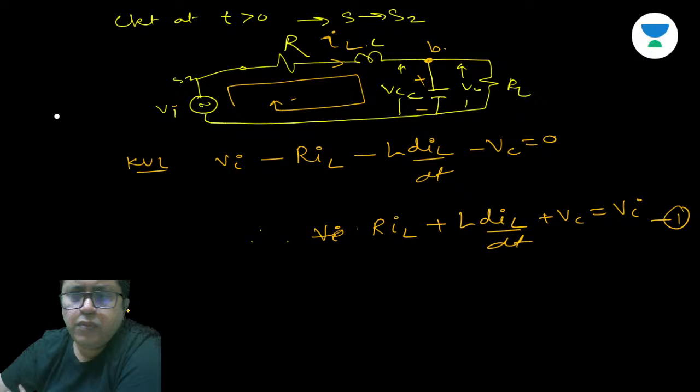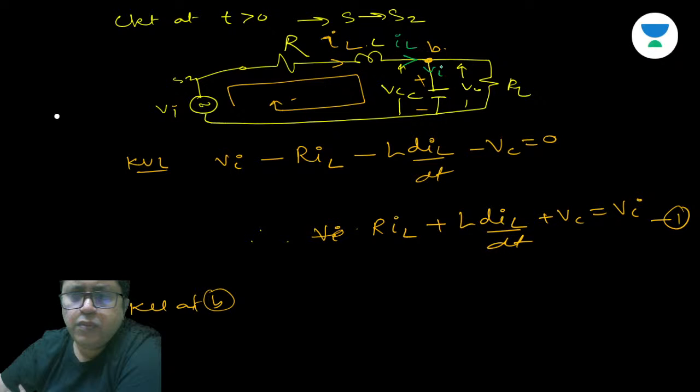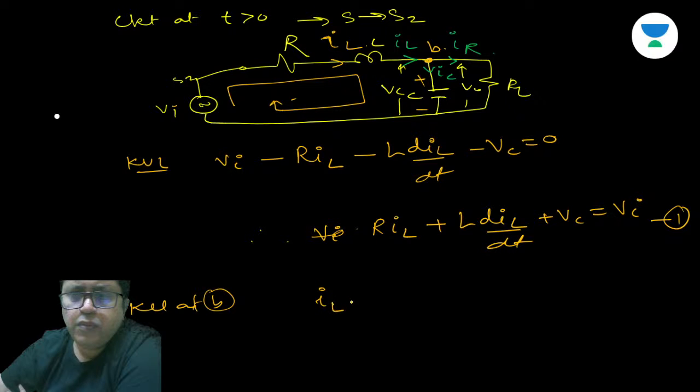Okay, now KCL at B. This is IL, this is IC, this is IR. So if I want to write down KCL at B, IL is equal to IC plus IR.